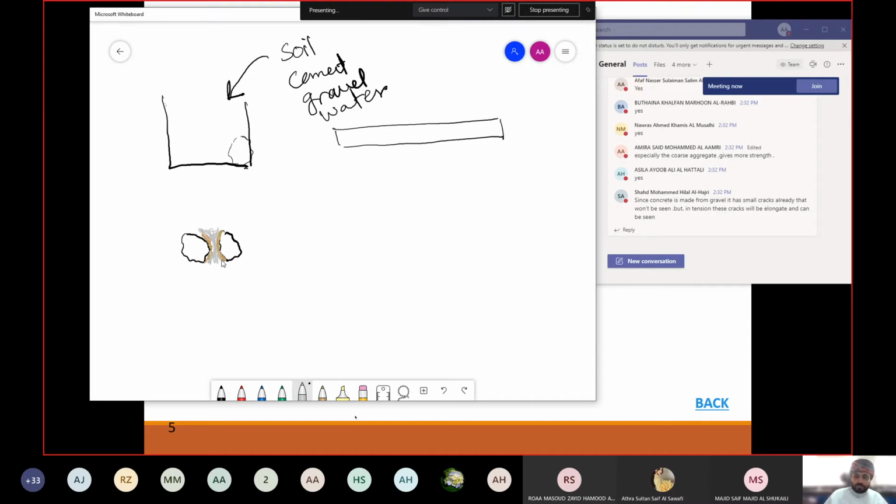Okay. So this is the zoomed section, what is happening inside. We have gravel filling the place, and then for the small places we have the sand. After that, the binding material will come to bind these elements together.